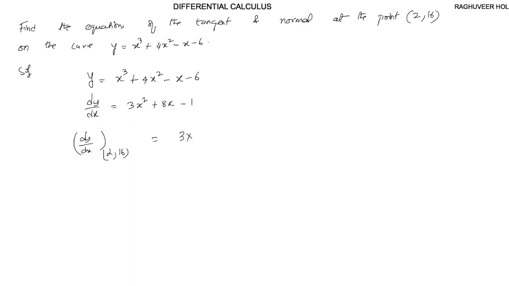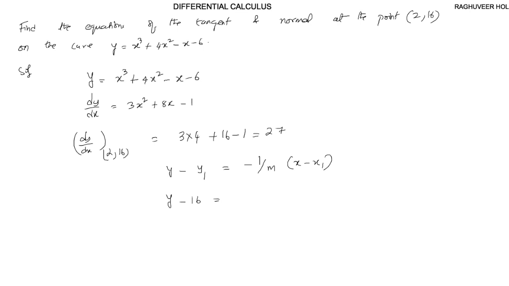Now the slope of the tangent at 2, 16 will be 3 multiplied by 4 plus 16 minus 1, which gives out to be 27. The equation of the tangent, the formula is y minus y1 is equal to m times x minus x1.